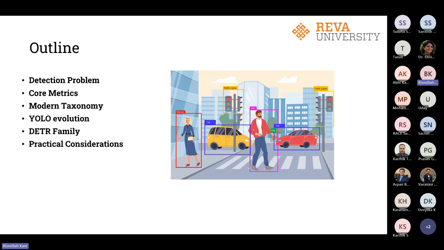We look at them, and then we will see the YOLO framework and how the YOLO framework itself has evolved over the last decade. And then we'll see what's the latest advancements in object detection, such as transformer-based object detection. You might have already heard about transformers. Then finally, we will look at some practical tips and considerations, how we can implement these object detections effectively.